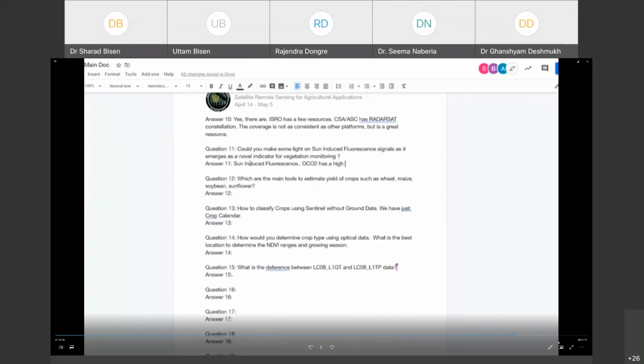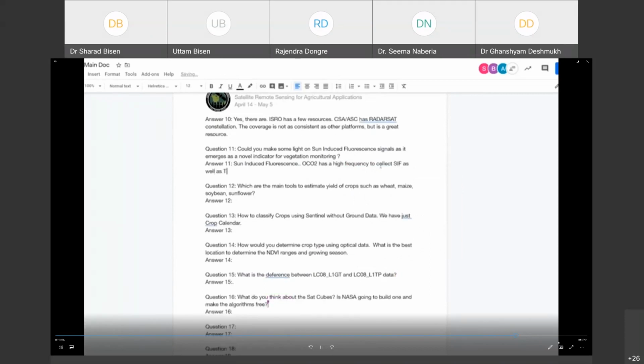And there's another mission that just launched last year, a European Space Agency mission, TROPOMI, and that also collects the spectral frequencies that allow for collecting solar-induced fluorescence data. The spatial resolution of such is in the kilometer scale, so it's not high spatial resolution, but it does collect data to be able to determine solar-induced fluorescence.